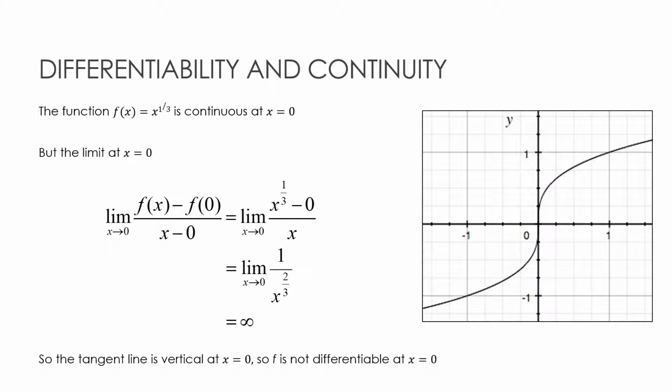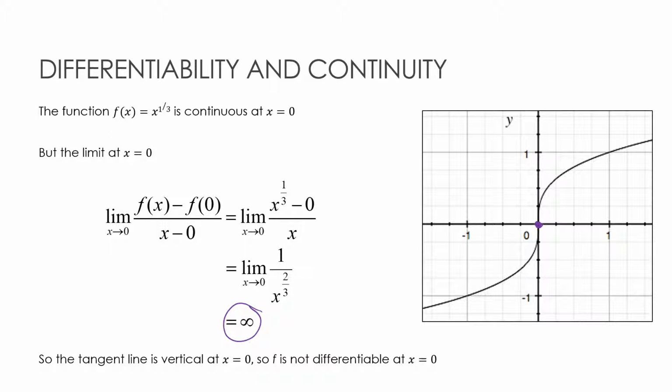Here we have the function f(x) = x^(1/3), and obviously it's continuous. Looking at the graph, I can see that. However, as I look at the limit as x approaches 0, this point right here, from the left-hand side and the right-hand side they're sort of the same, but the slope of that line would be infinity.